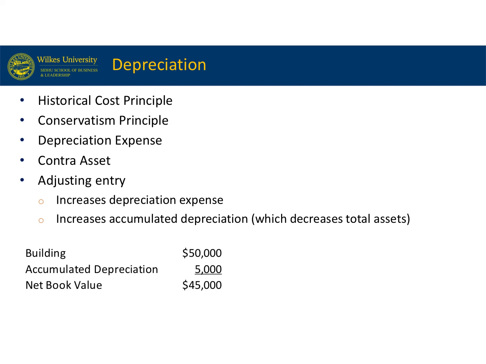Since a contra asset reduces the value of its related asset, together we have a net book value, as shown here for the net book value of the building. We have the asset recorded at its original value, which keeps with the historical cost. And by matching it to its related accumulated depreciation account, we can show the net value of the asset decreases and keep with the conservatism principle.